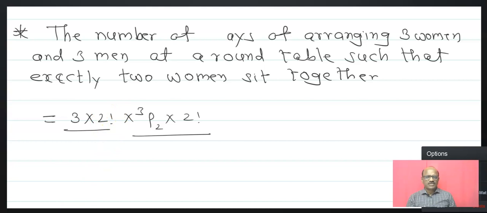In this way, 3 into 2 factorial into 3p2 into 2 factorial. Now we'll perform the multiplication.